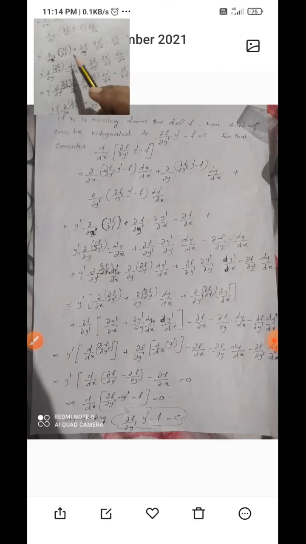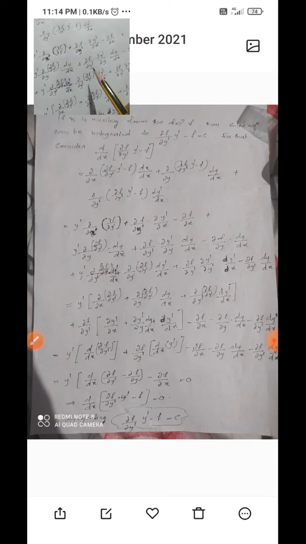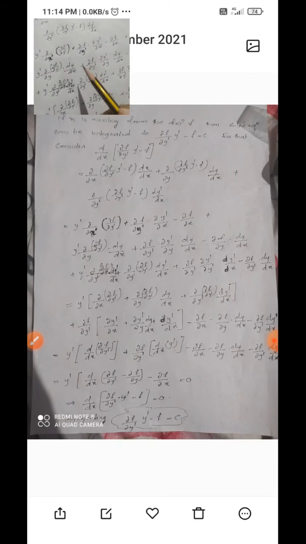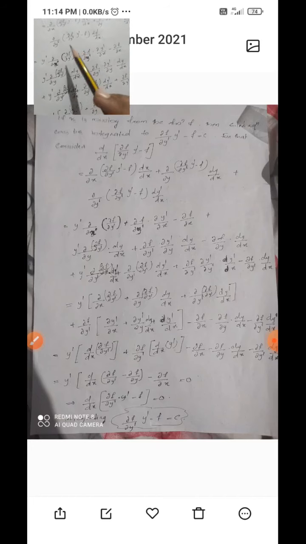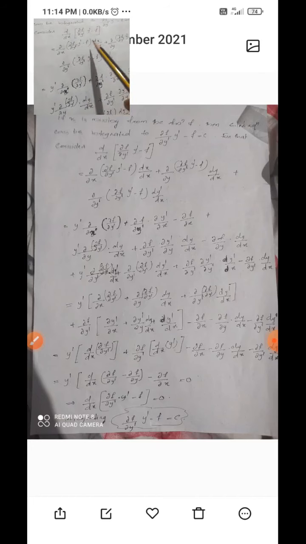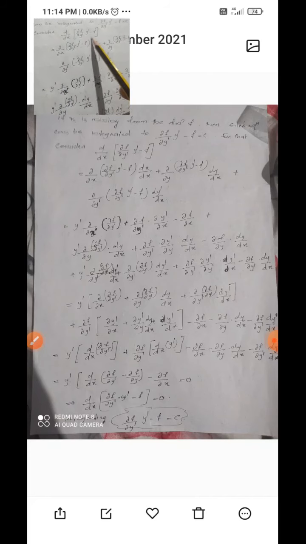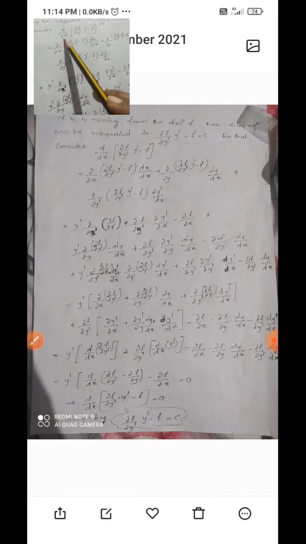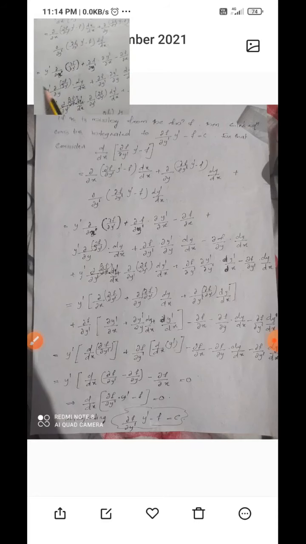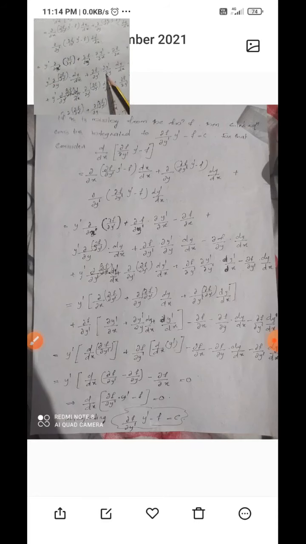Here we have used, first of all, we have to multiply this d by dx of ∂f by ∂y dash and this, then we get this section.